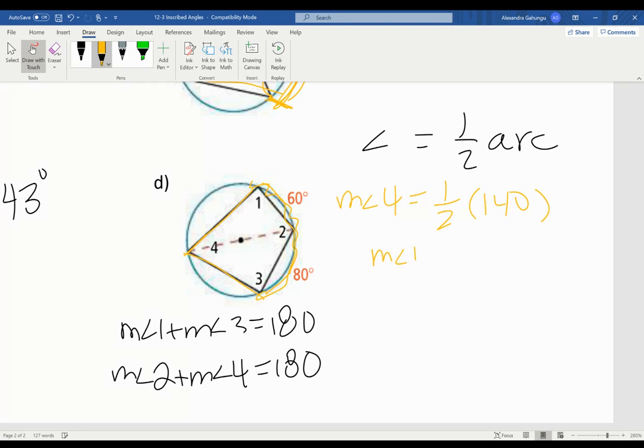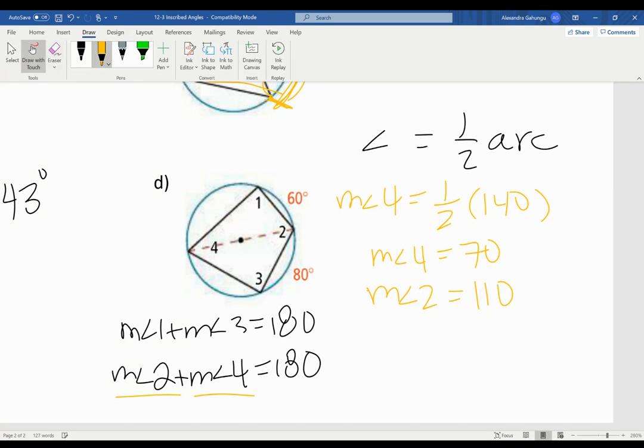So the measure of angle 4 is 70. So we're good there. Then the next one probably helps us relate 4 and 2. So that means the measure of angle 2, if 2 and 4 are supplementary, is going to be 110.